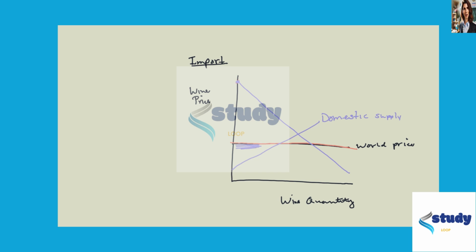So this portion here will be region C, representing domestic supply. There we go. We got it. Domestic supply below the world price line. So this represents the Canadian wine at price below the world market.